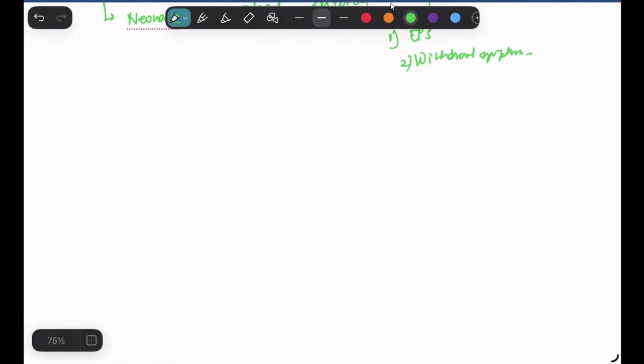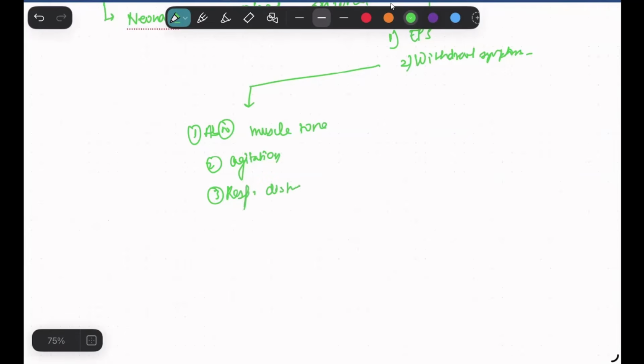So what are the withdrawal symptoms which can be seen in the neonate? Abnormal muscle tone, agitation, respiratory distress, and feeding difficulty.